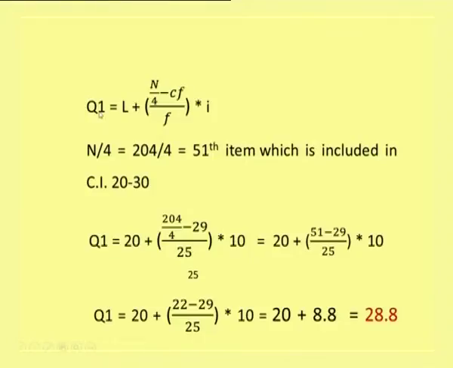And now, the formula Q1 is equal to L plus (n by 4 minus Cf) by F into I, and the terms have their usual meaning. n is the total number of terms, and therefore n by 4 is equal to 204 by 4, that is the 51st item, and that is included in the class interval 20 to 30.